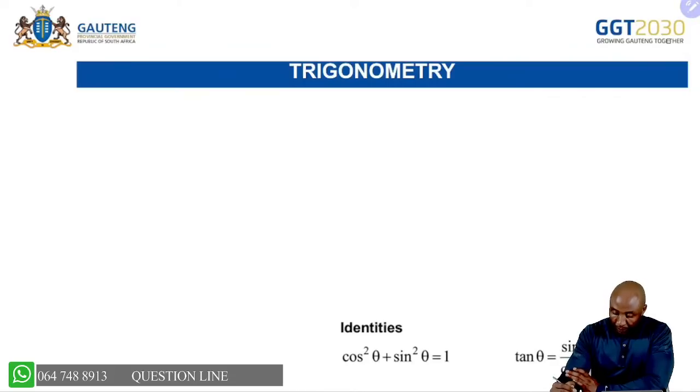Now, please, in Euclidean geometry, for every statement, there must be a reason. Remember, before you look at the questions, fill in the information in your diagram. Those equal angles, those equal sides, indicate them on your diagram. It will make life easier for you.